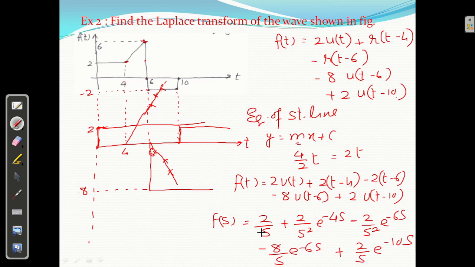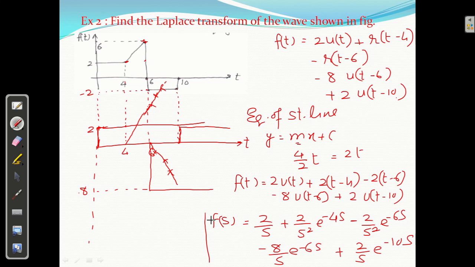Okay, so this is the value I am getting, 2 by s plus 2 by s square e raised to minus 4s, minus 2 upon s square e raised to minus 6s, minus 8 upon s e raised to minus 6s, plus 2 upon s e raised to minus 10s. That is the answer I am getting.